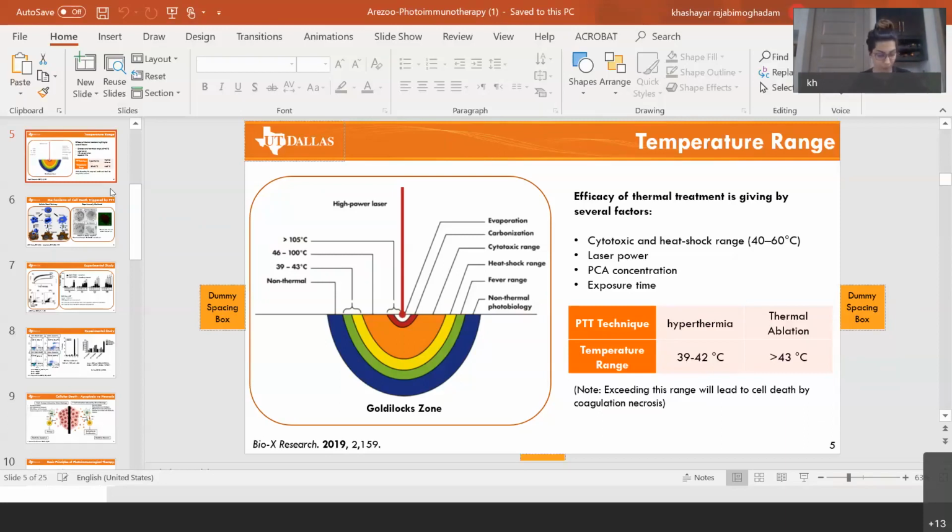But based on what I read, I think we need to combine this with another treatment if we care about metastasis. If we put our purpose mainly on activation of the immune system and primary tumor treatment, I think we are fine, and it might be much better than PTT. But if you look at the metastasis, I'm not sure how successful this is going to be.